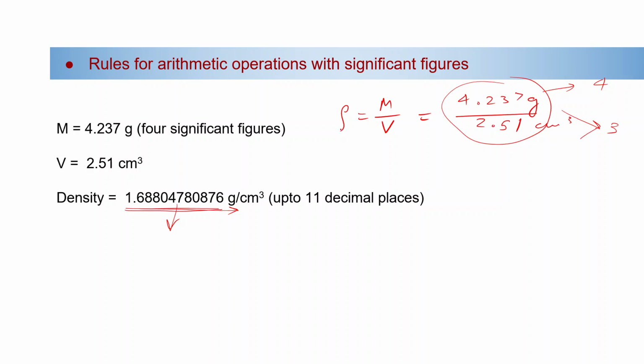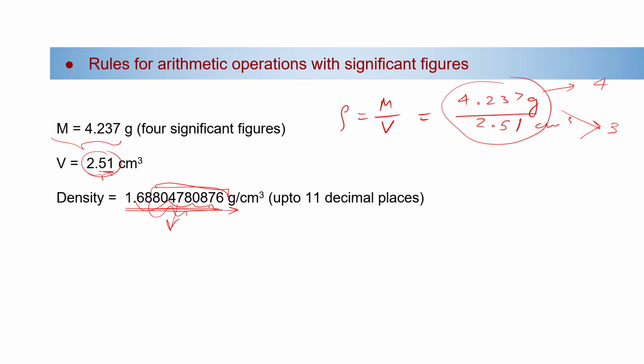No, we cannot show something like this. It questions the precision: whatever instrument I used for the volume gave me only 3 significant figures overall, so the answer cannot be this precise.